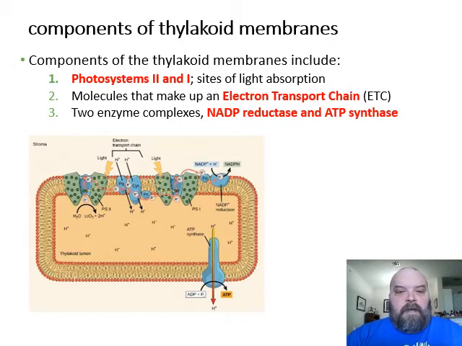Now, two things you notice right off the bat are these two big green things right here. These are known as photosystems. Photosystems are a complex of those proteins and glycoproteins, glycolipids, and whatnot, as well as pigments, specifically different forms of chlorophyll.